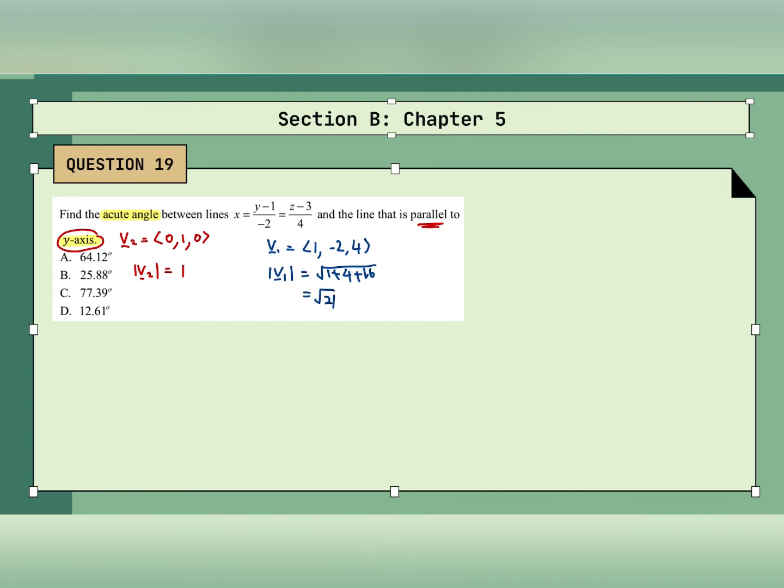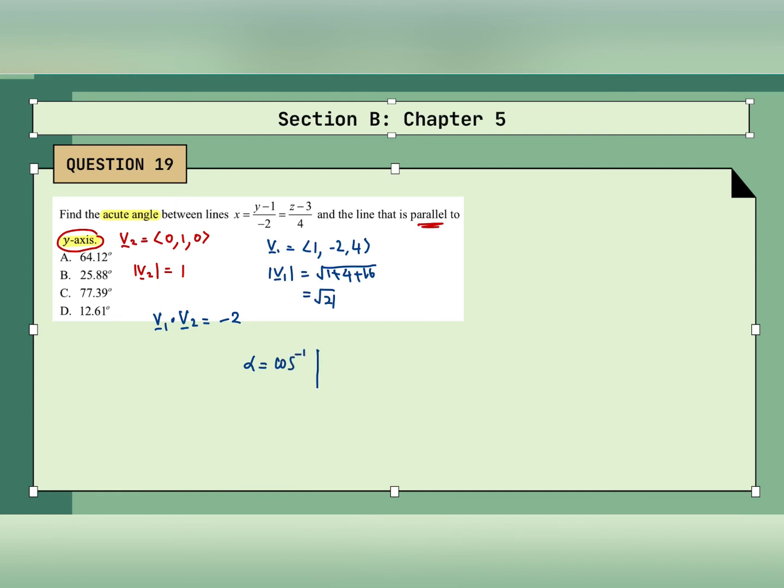Okay, now kita dah ada magnitude, kita perlu cari dot product mereka. So V1 dotkan dengan V2 will be equals to kosong darabkan dengan 1 jadi kosong. So 1 darabkan negatif 2 dapat negatif 2 tambahkan dengan kosong. So the answer will be just negatif 2. Okay, untuk cari acute angle alpha, boleh terus gunakan shift cos.